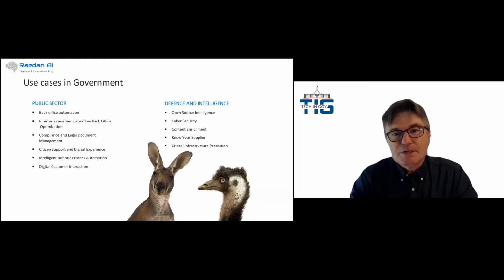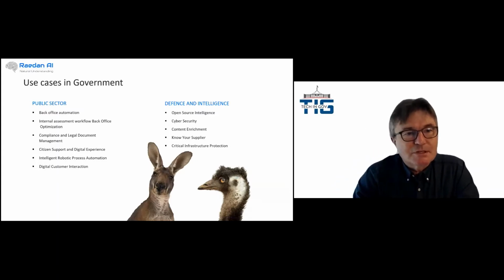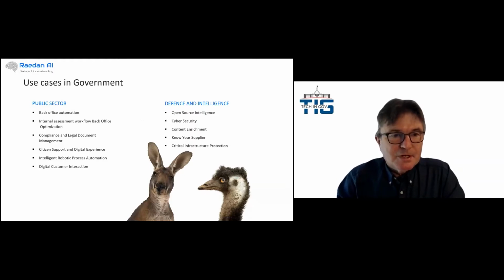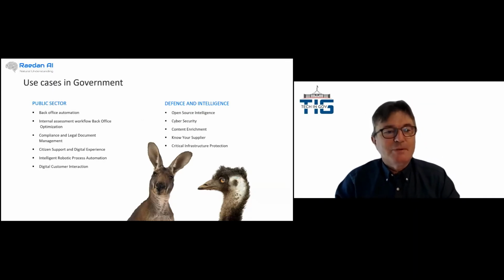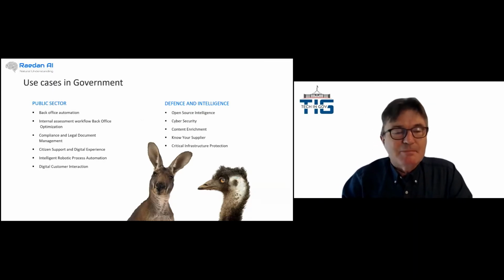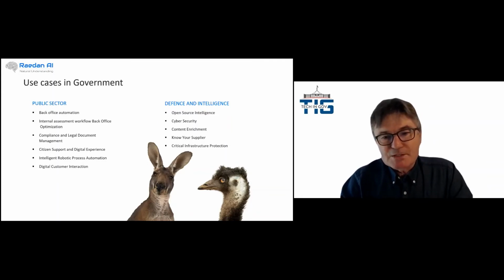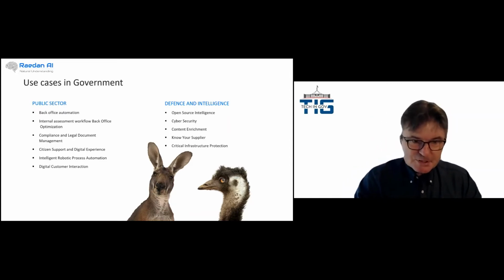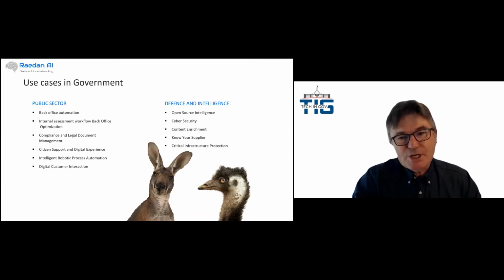The ones I've listed here are ones that I've found have already been implemented in Europe and the US, so these are already out-of-the-box, implemented things. In the public sector: back office automation, looking at compliance and regulation documents, searching them and matching documents to see if they're complete and accurate; digital experience in terms of chatbots and things like that; and intelligent process automation.